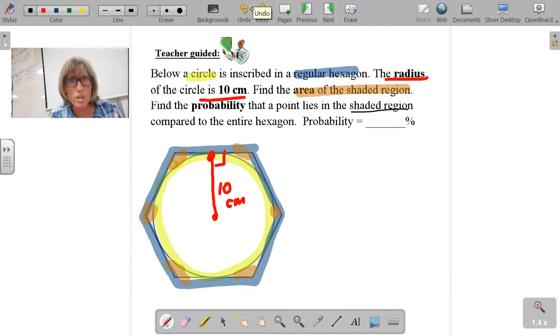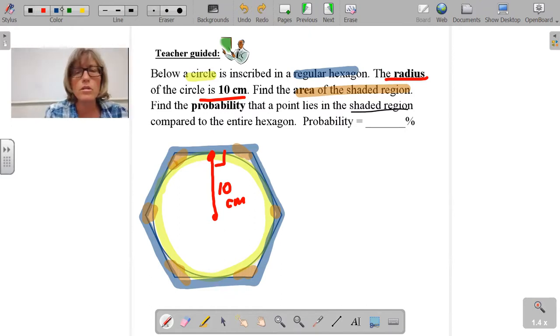Step one, shaded region. We make what's called an icon equation. Our icon equation is this.